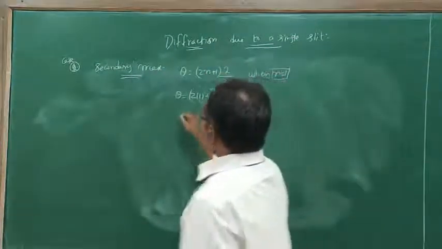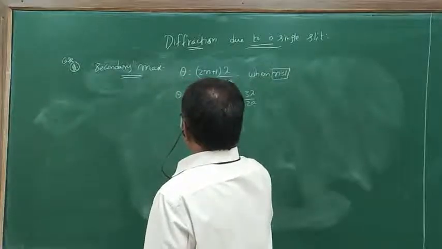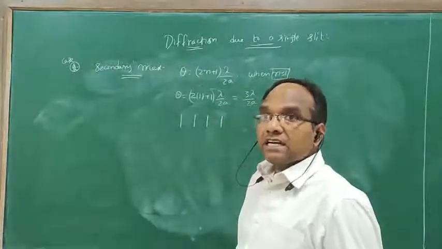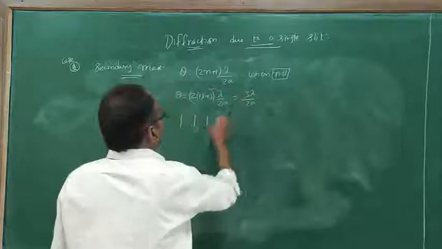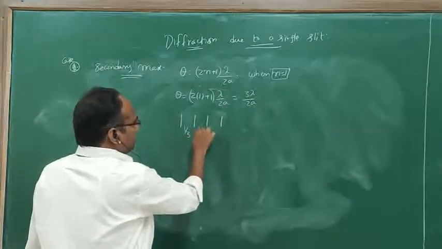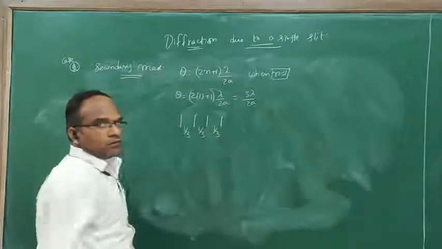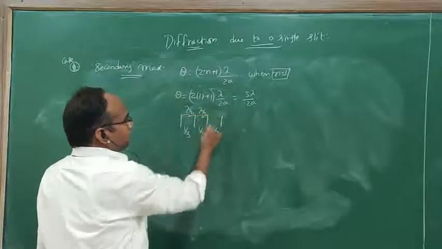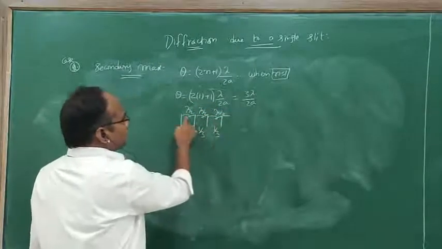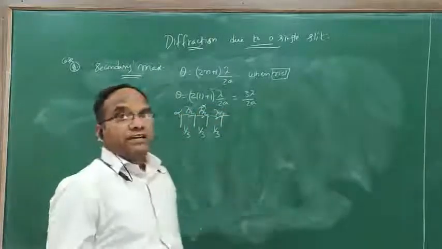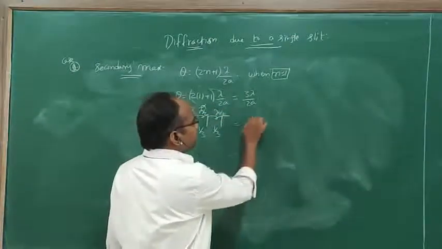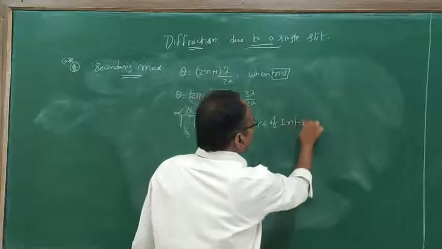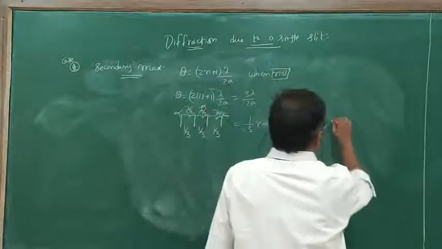So this is 1, 2, 3. Each one has a path difference of lambda by 2, and each part is 1 by 3. So this one and this one both cancel out. So how much intensity is present? 1 by 3rd of the intensity is present.